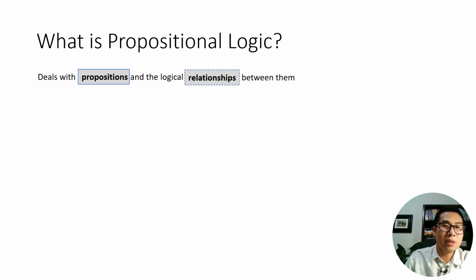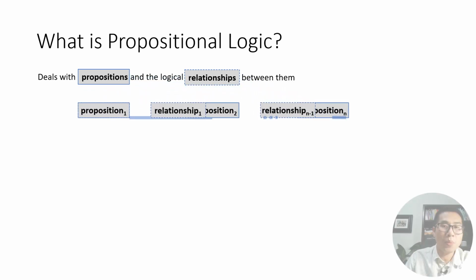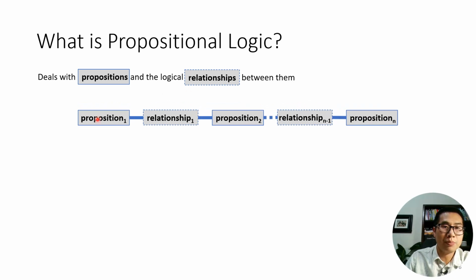What this means is we're going to start with a set of propositions, like proposition 1, then proposition 2, up to proposition n. They are just like a sequence of bits, from bit 1 up to bit number n.